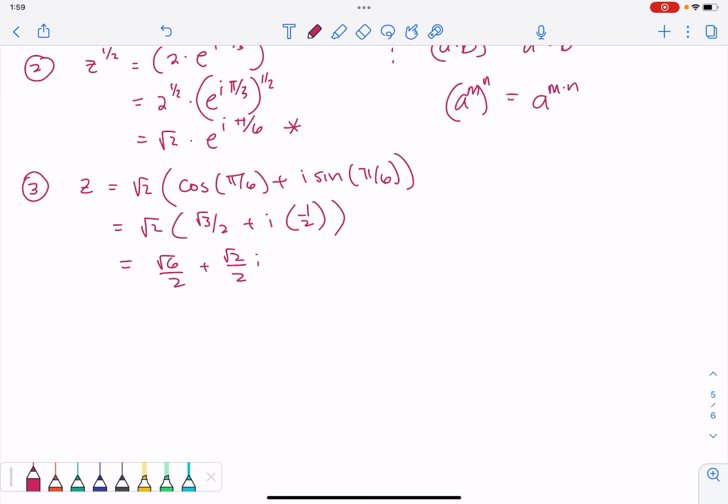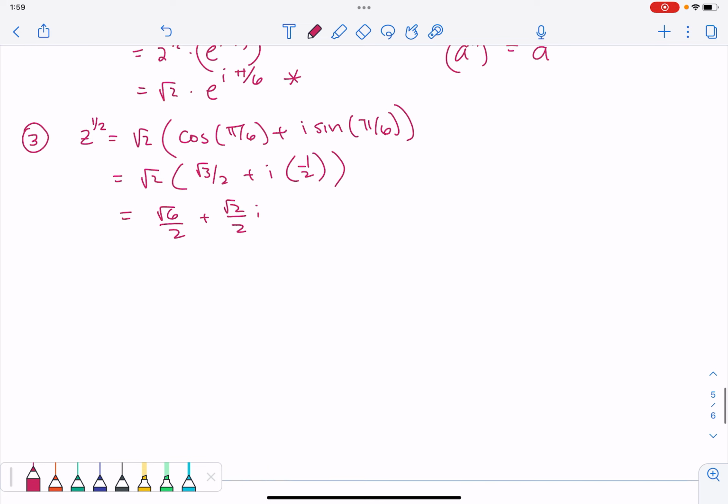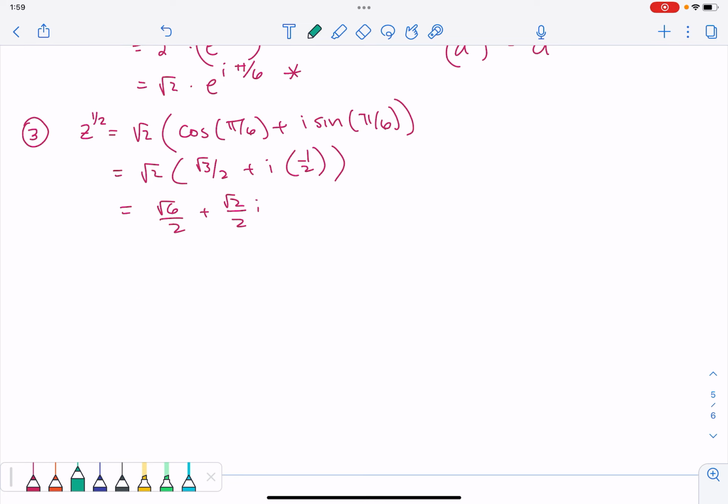Now, let's see, what did I mess up here? Well, I wrote this as z, but this is still z to the 1/2, right? Because I'm saying, hey, I found the square root. So I want to be really careful that what I first said was this is z, and now when I'm taking the square root, it should be z to the 1/2. Now, one way to check your work, so how could I check this?